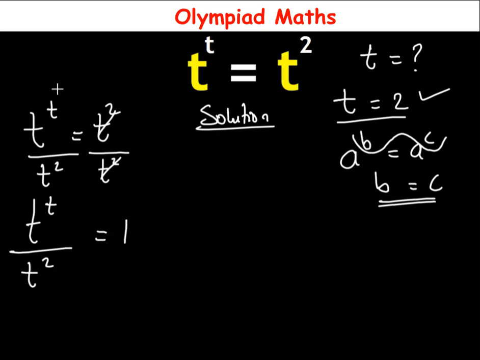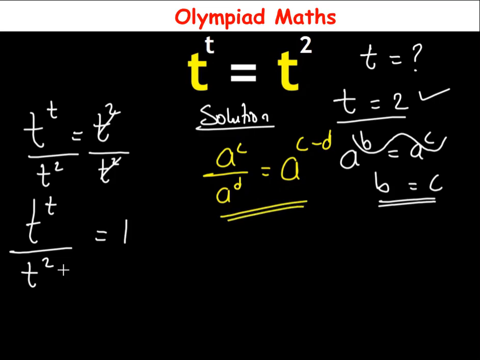At this junction, we are going to apply a rule of indices that if you have a raised to power c over a raised to power d, since the bases are the same, a, and they are joined by a division sign, you simply pick one of the bases and then subtract the powers, c minus d. So applying this principle right here, we are going to have t raised to power t, we pick one of the base t, then power 2 will become minus 2, which equals 1.